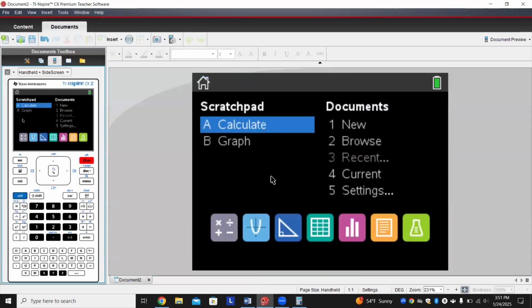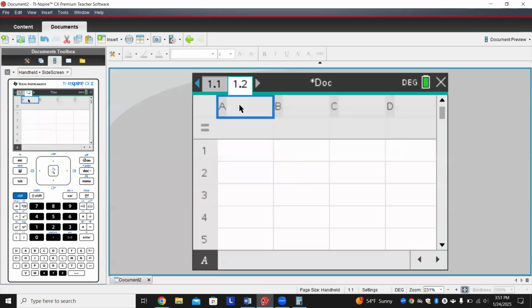So what I'm going to do, just like last time, I'm going to go to lists and spreadsheets. I want to make sure that's my X, make sure that's my Y. If you still have the previous work or other work in it, make sure you get a new document so you have fresh information. You're not pulling from old.